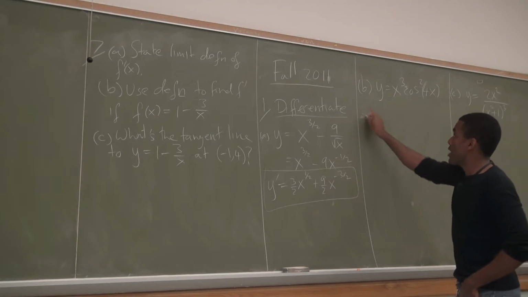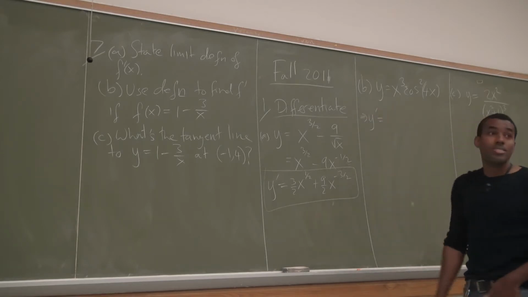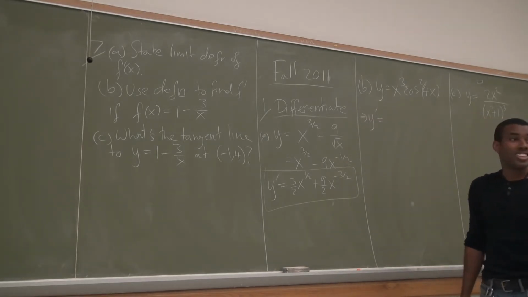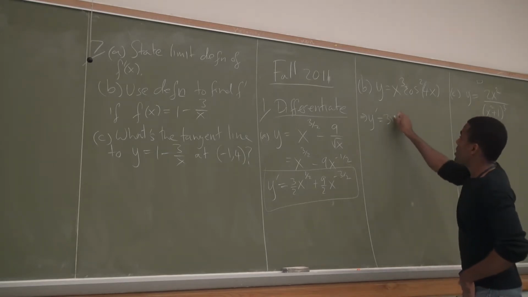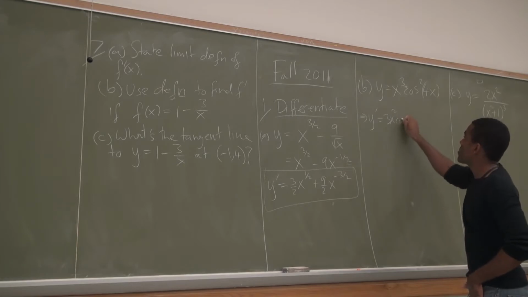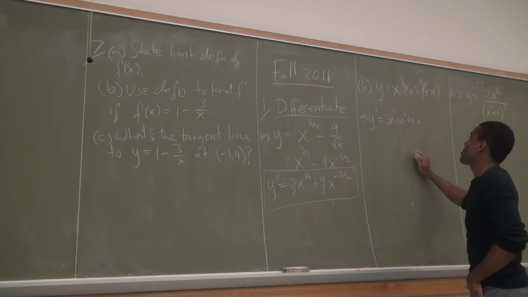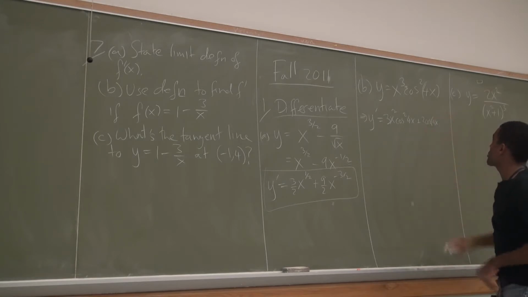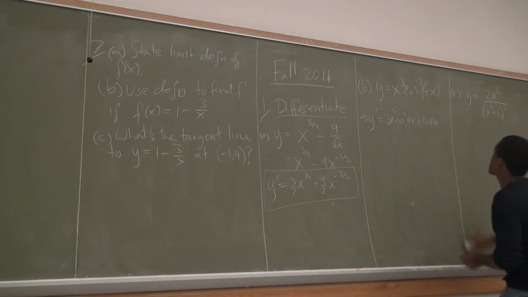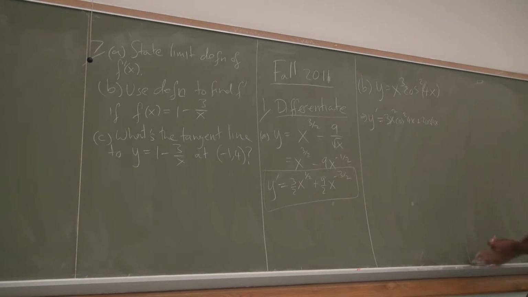Okay, who can do this one right now? 2 cos squared 4x plus 3x squared cos squared 4x plus 2 cos 4x, then back parenthesis, minus sin 4x.